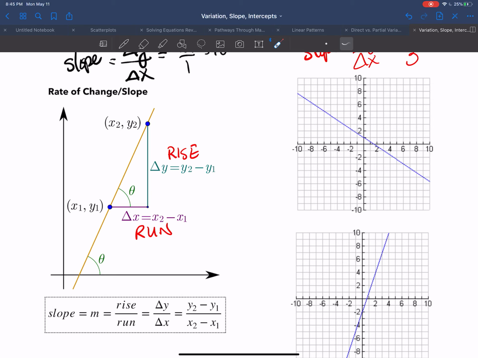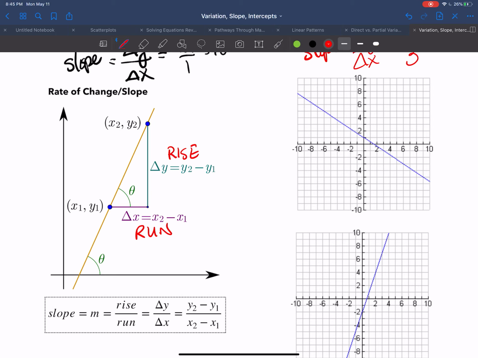If we have 2 points, it's the difference in the y's, so y2 minus y1, divided by the difference in the x's, x2 minus x1. That's coming from these points here: x2, y2, x1, y1. I would subtract the y's to figure out the difference in those, and subtract the x's to figure out the difference in those. So we find 2 points.